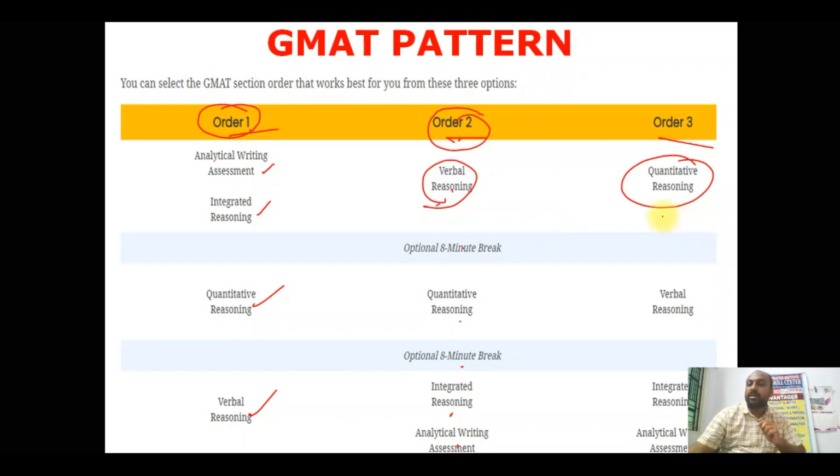And this is quantitative reasoning, followed by verbal reasoning, then integral reasoning and then AWA. So you can take your own decision on this, right? That's how you can take your own way. You can choose whichever order you want to go in, right? And this is one good thing in the GMAT pattern. In GRE there is no such pattern. So you can choose your own pattern.